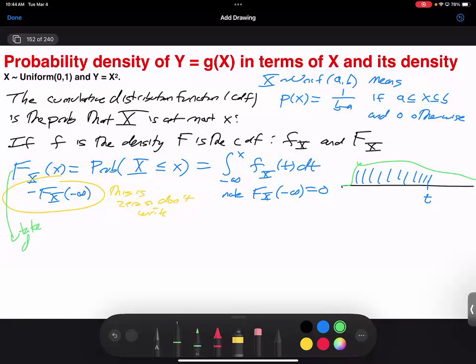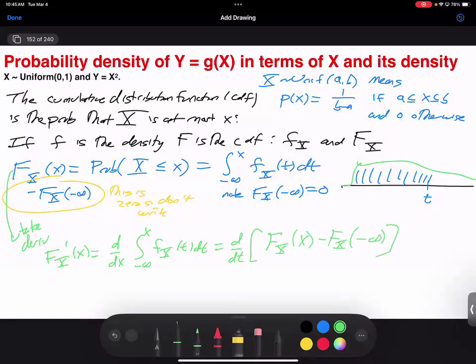So take derivatives. So big F prime of x at little x, that's the derivative of the integral. So that's the derivative of big F sub x at x minus big F sub x at negative infinity, but the negative infinity term is zero.